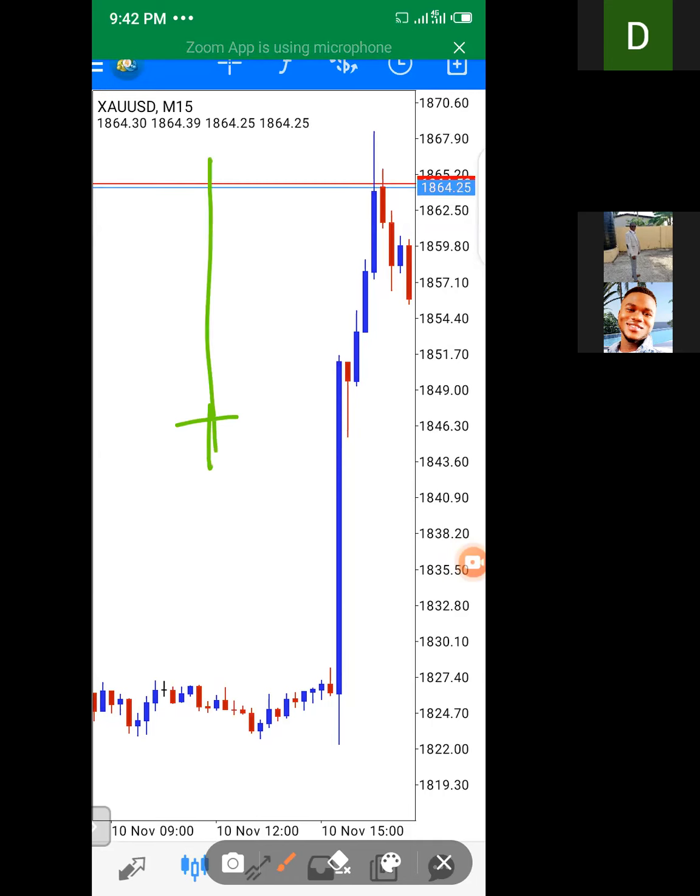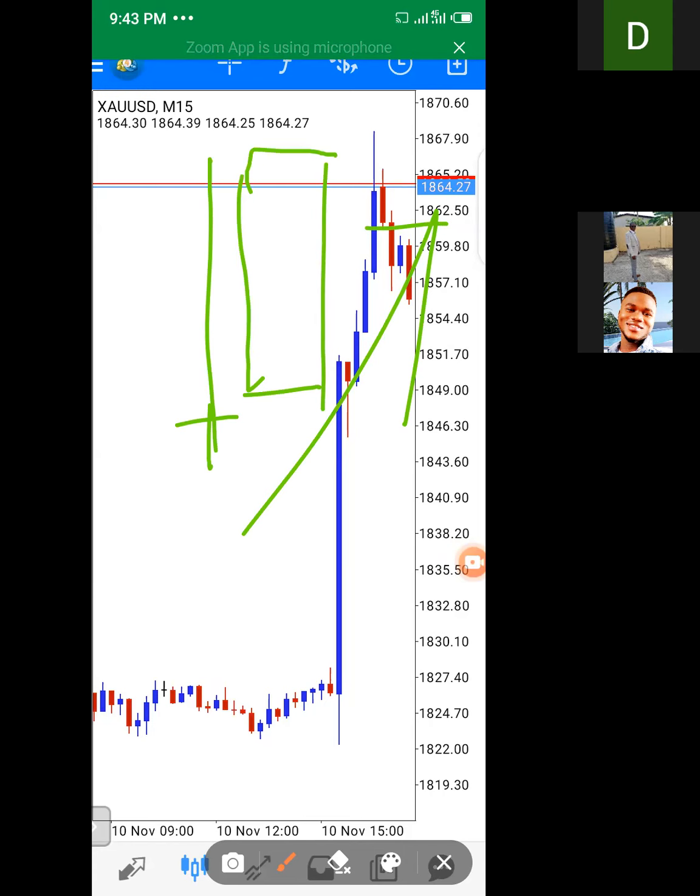We know that this one is a bullish market, the market is going up. So that person will enter the market, having it in mind that there will be a candlestick that will fill here for him to get some small dollars from the broker. It's not done that way.